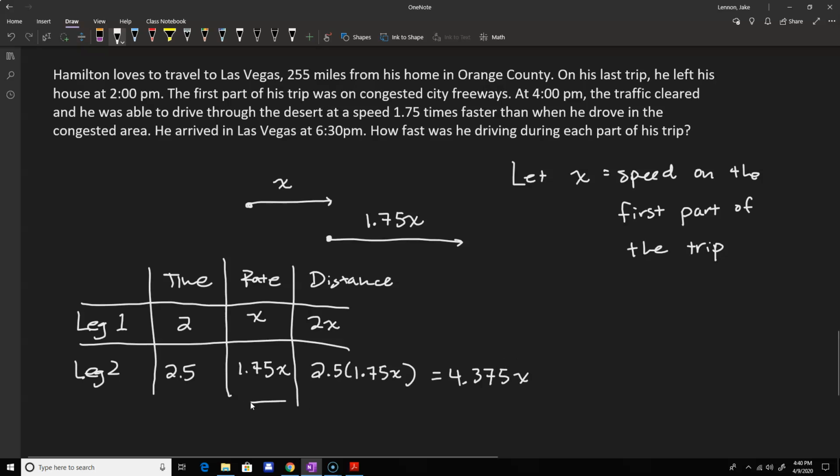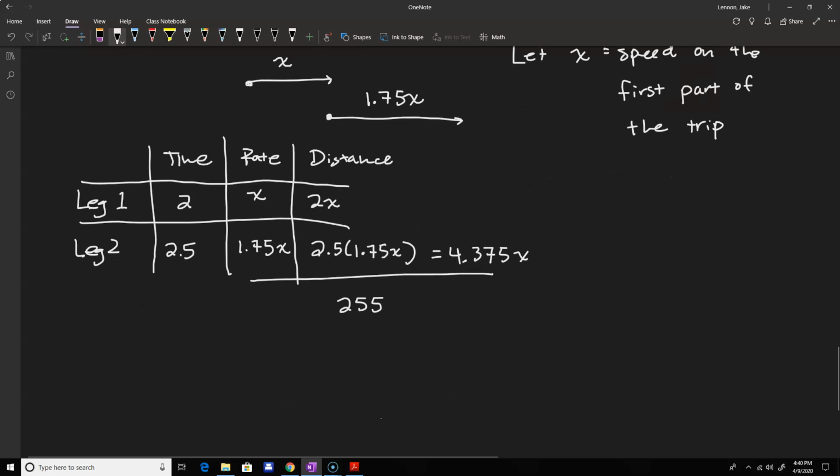So then if you add the two distances there, we know they come out to the total distance of 255 miles. So we know that 2x plus 4.375x has to add up to 255. So the left-hand side, both are like terms. So you can just add their coefficients and we get 6.375x equals 255.